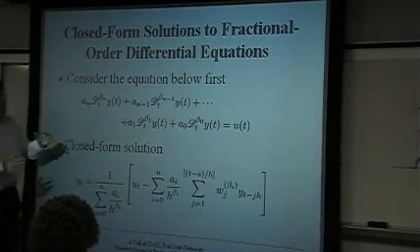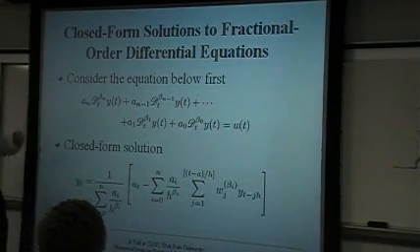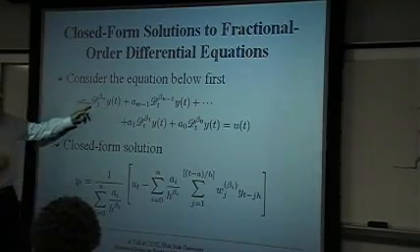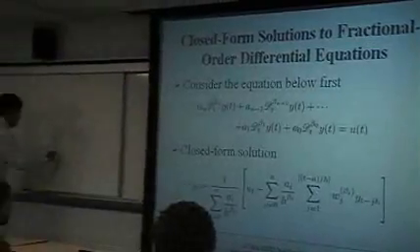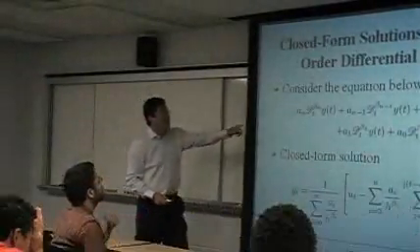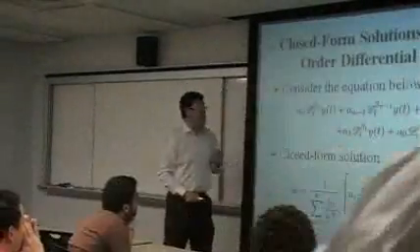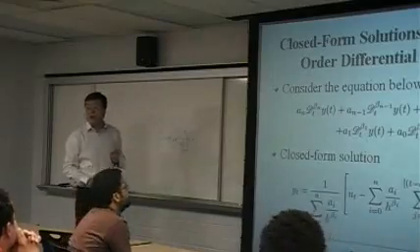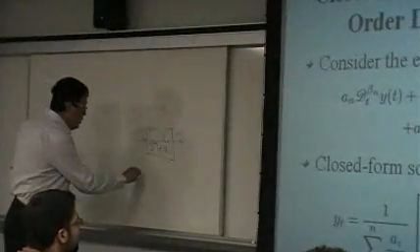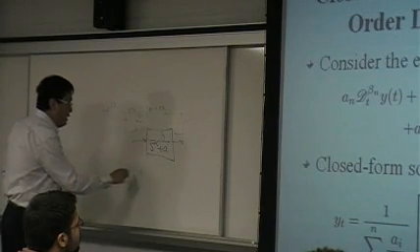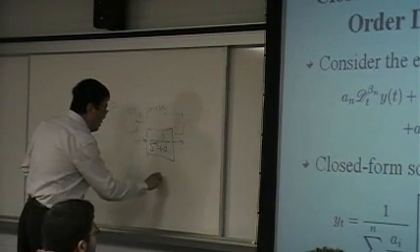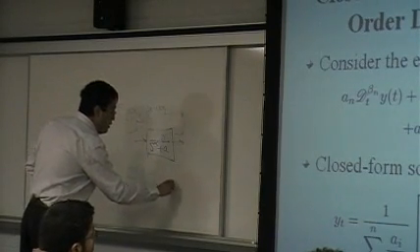Let's recall the GL definition. In the definition we have a sum of terms to represent this kind of fractional order derivative. In the term, we may have a y term with a weighting, and also y terms at previous times.